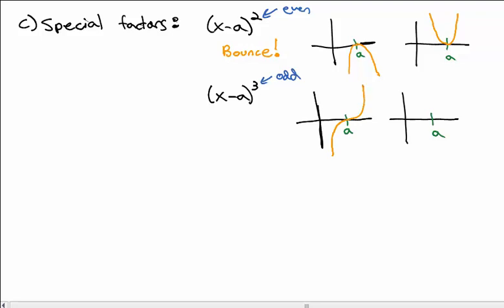So instead of just going straight through, depending on which direction we're coming from, it's going to level out and flatten and then continue on through. So an example of this happening would be if f(x) = (x - 1) cubed times (x + 2) squared.